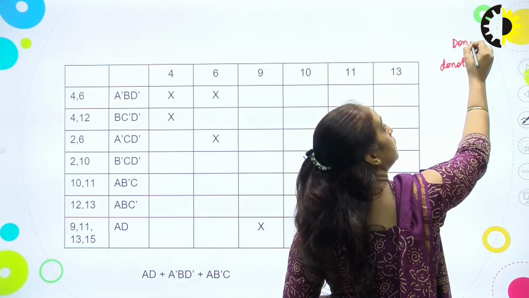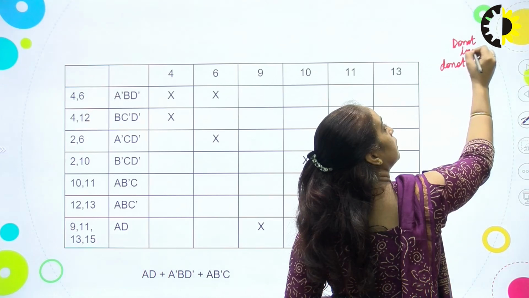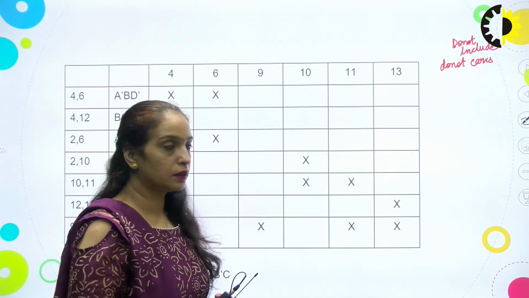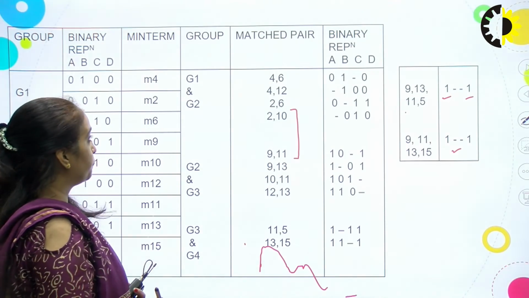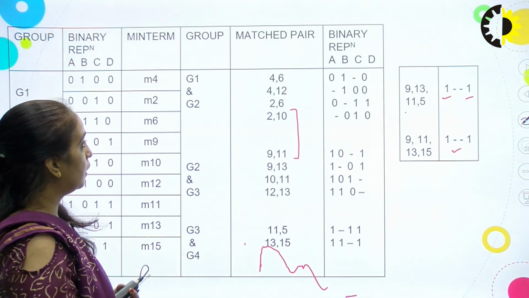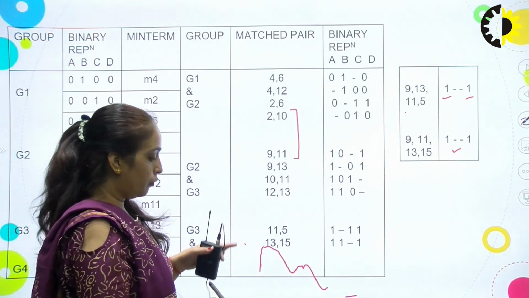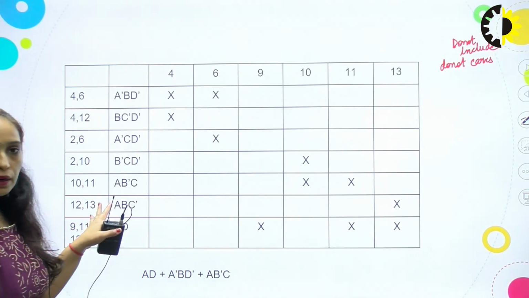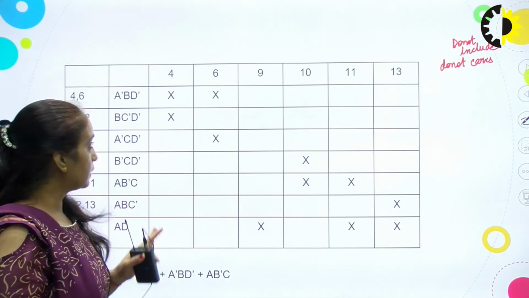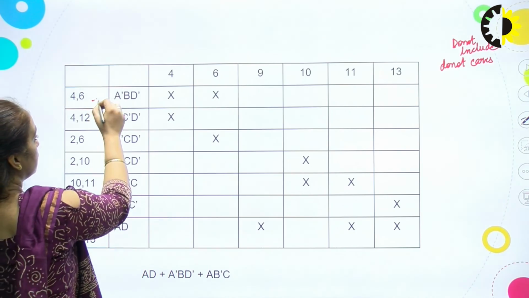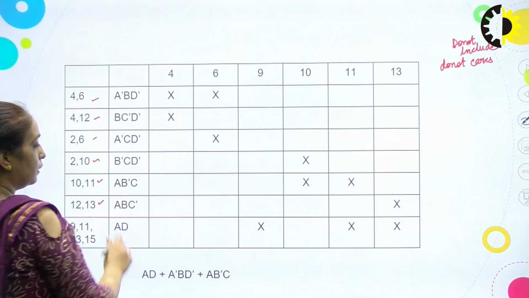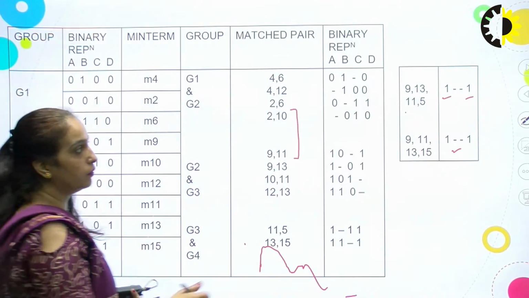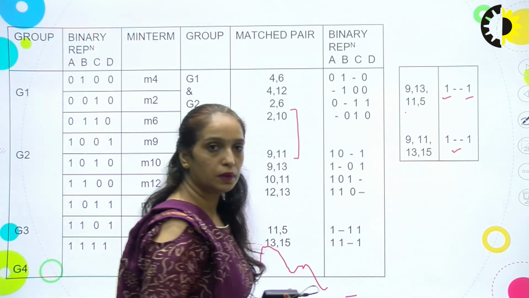First, write all the terms which are not used in the last step. These are the terms which are not used in the last step, and these are the only terms which we have used in the last step.